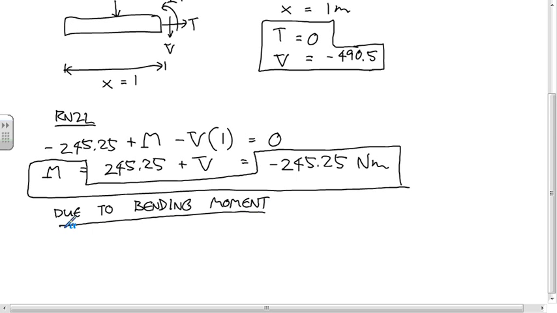What do we need to calculate the stress due to the bending moment? Remember the formula that we want is this one, negative My over I. So we have to calculate that I.